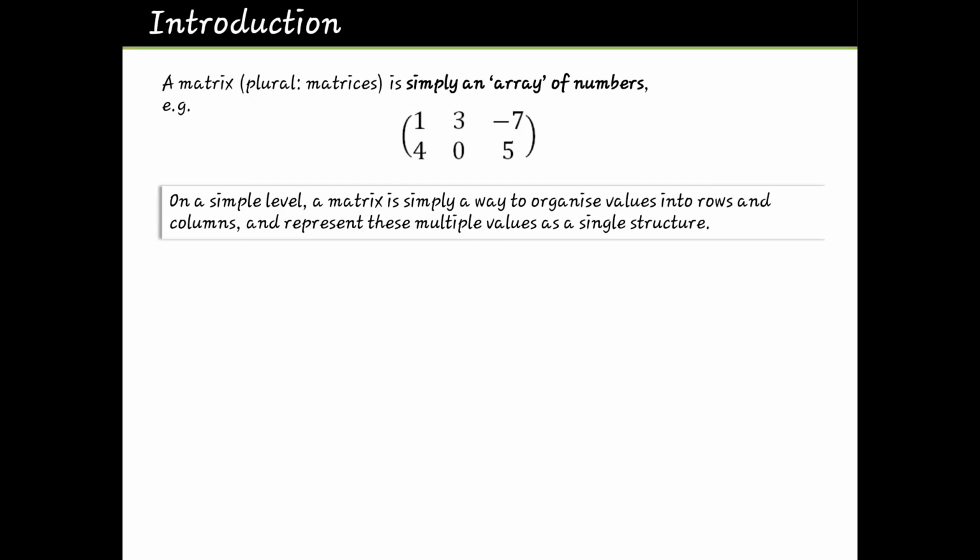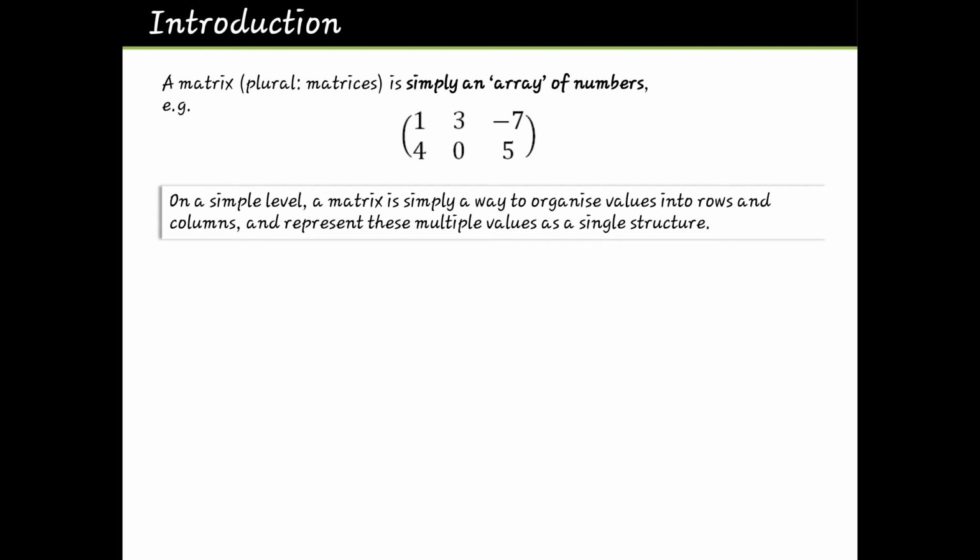So when we talk of a matrix in singular, it is a matrix, and in plural, matrices. Simply, we can define a matrix as an array of numbers, e.g. 1, 3, -7, 4, 0, and 5.